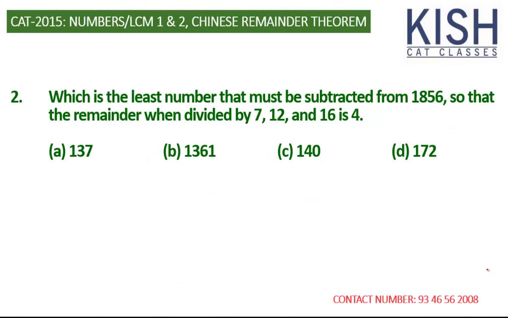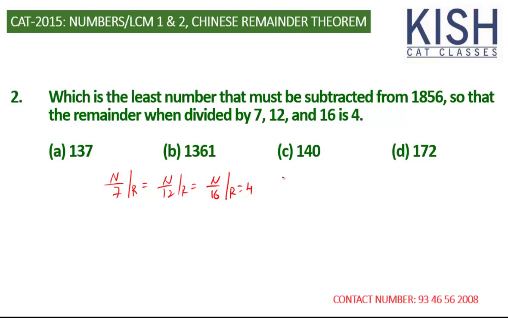Which is the least number that must be subtracted from 1856 so that the remainder when divided by 7, 12 and 16 is 4? So here the number is divided by 7, by 12 and by 16, and the remainder is 4. When the remainder is 4, it's quite simple.